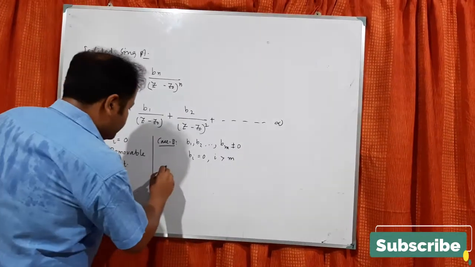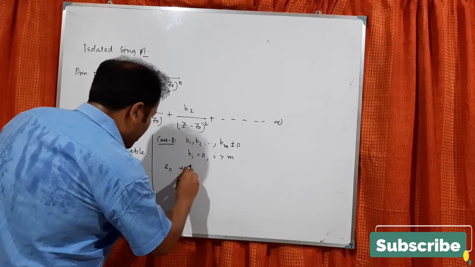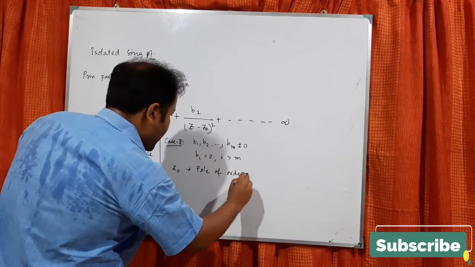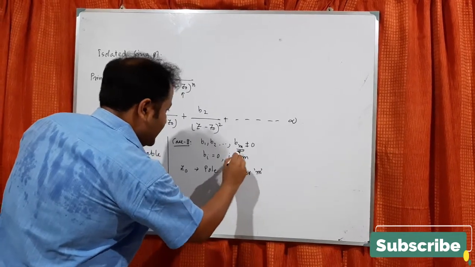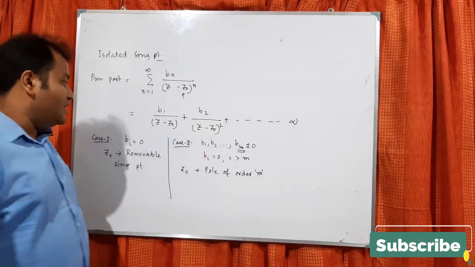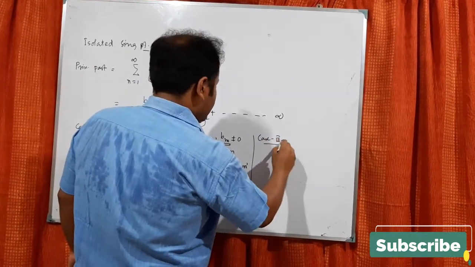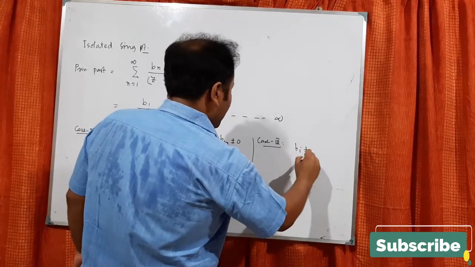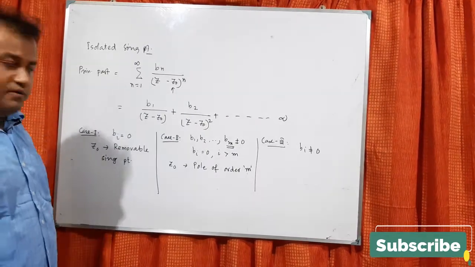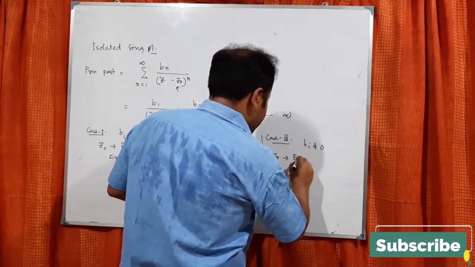Then z0 is called a pole of order m, that is the highest term; up to this it is non-zero. Case 3, when b_i is not equal to 0, that is, the series is infinitely long, then z0 is called an essential singularity.